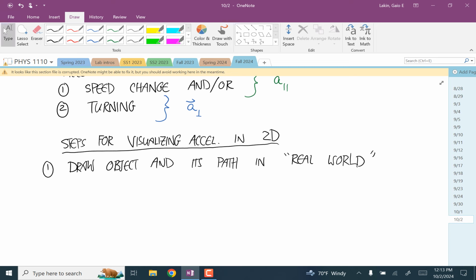Second, now this is going to be easier now that you've drawn the path of the object. Draw the velocity vector tangent to the path and in the direction of motion.